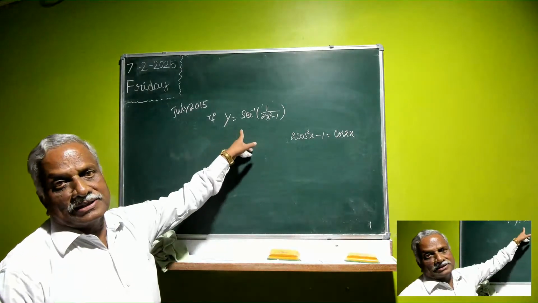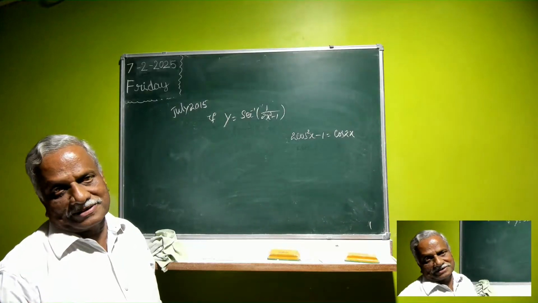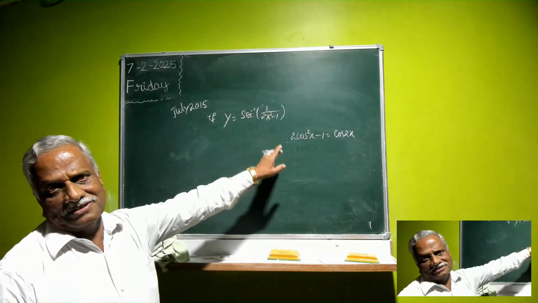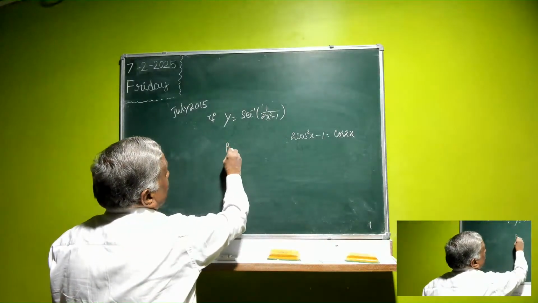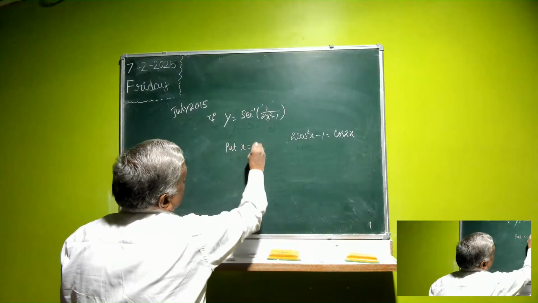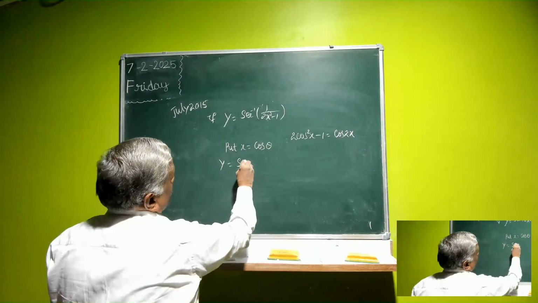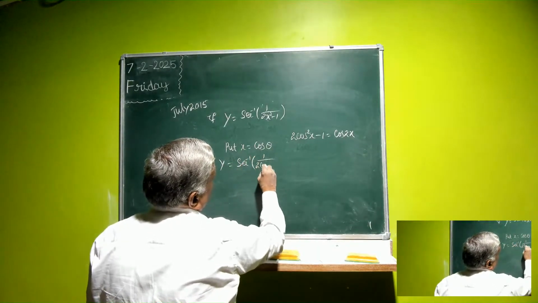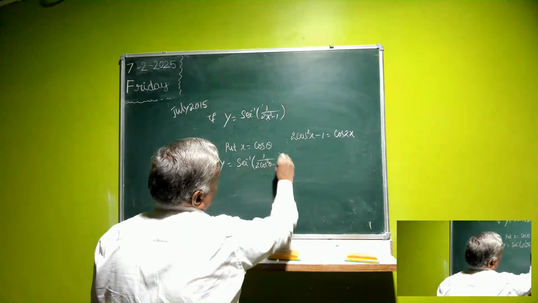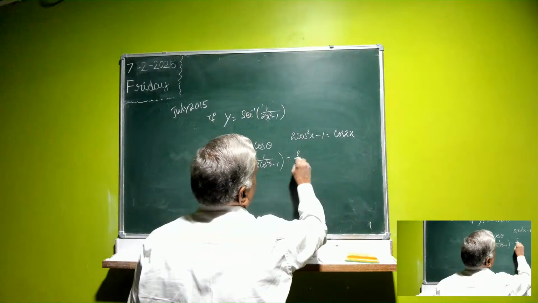And for your information, the same problem has been repeated for 3-4 years. So be careful once you know how to work it out. You need to remember the method. Put x is equal to cos theta. So what is y? Secant inverse of 1 over 2 cos square theta minus 1, which is cos 2 theta.